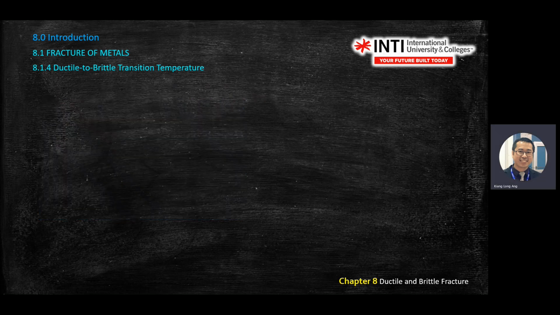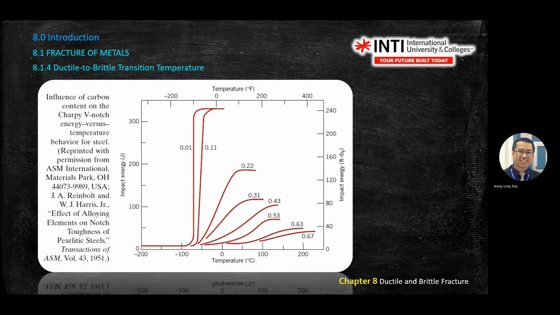As you can see from this graph, I don't know the percentage of carbon in the Titanic material, let's just assume 0.5% carbon. In normal seawater, let's say Malaysian water, maybe 30 degrees, the energy is about 30 joule.